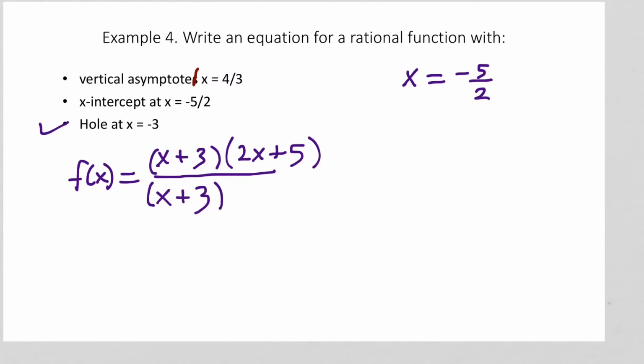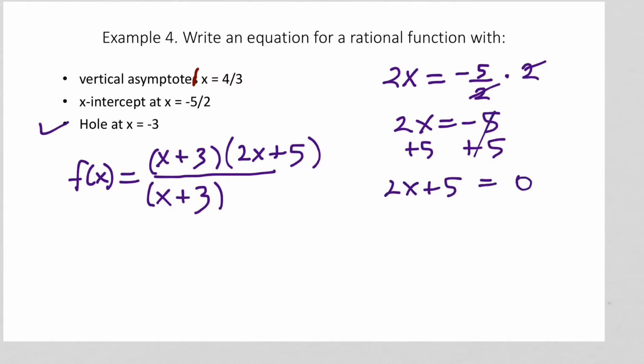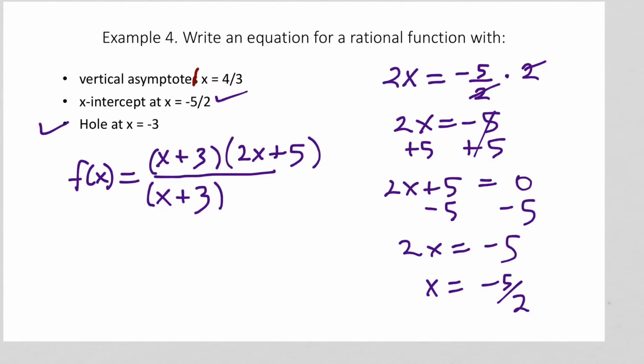If I multiply by 2 on both sides, I'm going to get 2x is equal to -5, and then to get 0 on the right-hand side, I'm going to add 5. I'll get 2x plus 5 is equal to 0. That's going to give you your factor, 2x plus 5. And if you go back the other way, you should end up with 2x is equal to -5, x is equal to -5/2. You'll end up back at your 0.